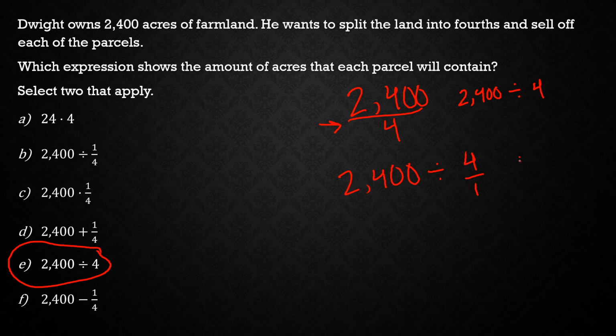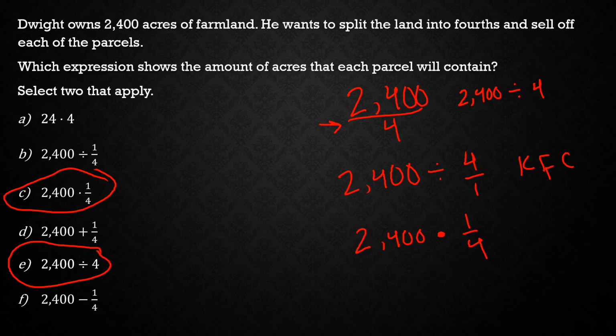If I were to change this using KFC, which is what we do with fractions when we're dividing, I keep my first, I flip my division into multiplication, and then I change this last one into 1/4. And I have this one right here. That is the other expression that works. So there are two expressions that work. One is where I'm dividing by 4, and the other is where I am multiplying by 1/4.